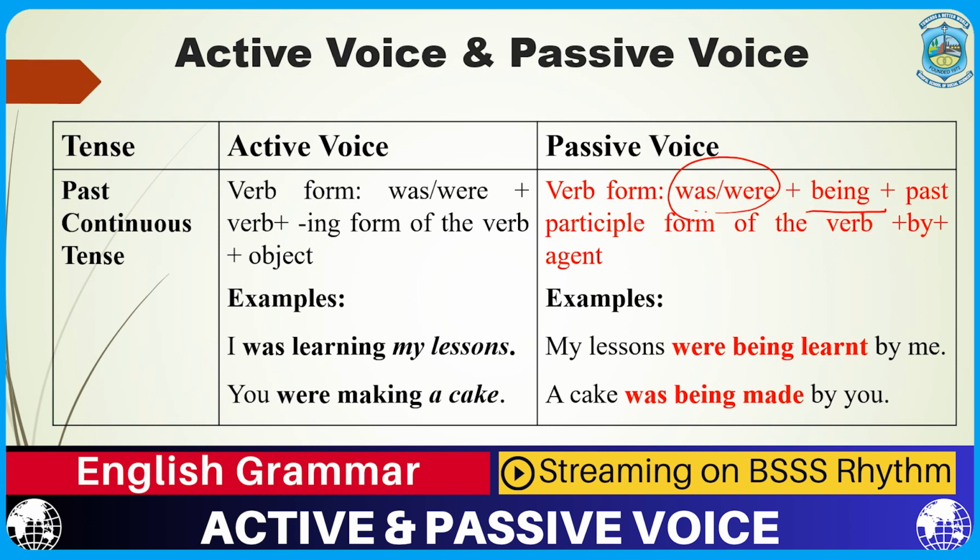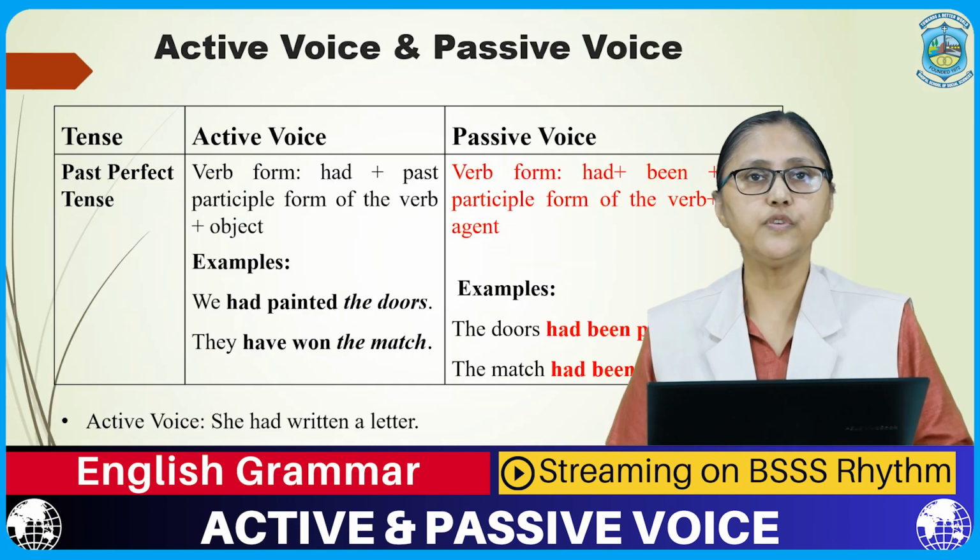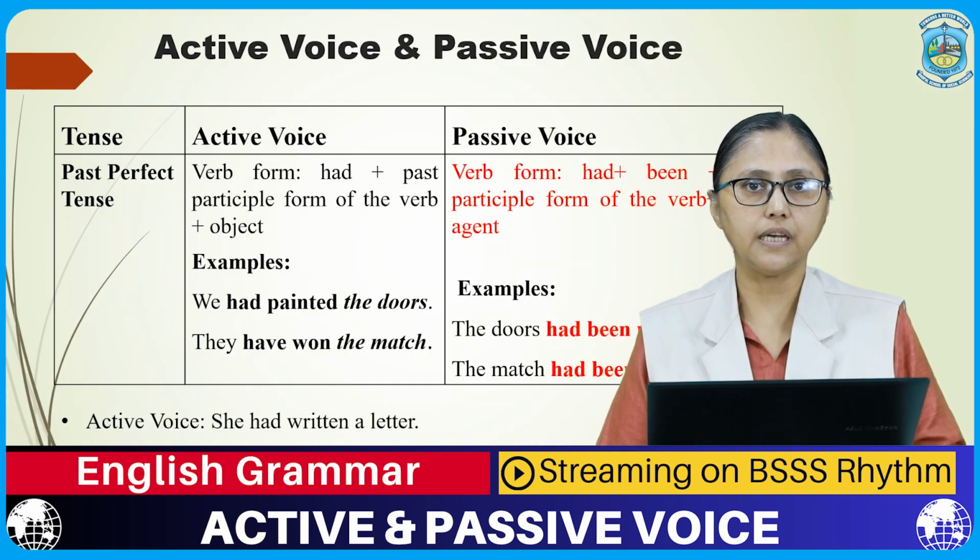Being, because it is in continuous tense, plus past participle of the verb plus by and agent. And we have sentences in passive voice as my lessons were being learned by me. A cake was being made by you. Next we have past perfect tense, and the pair of sentences we have.